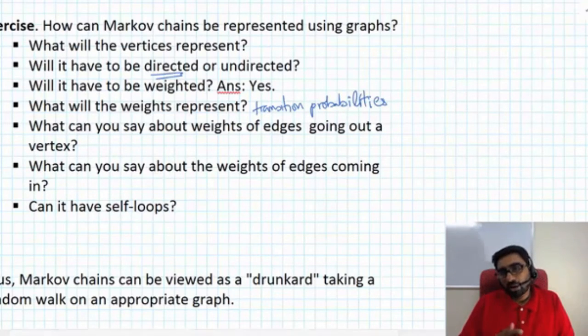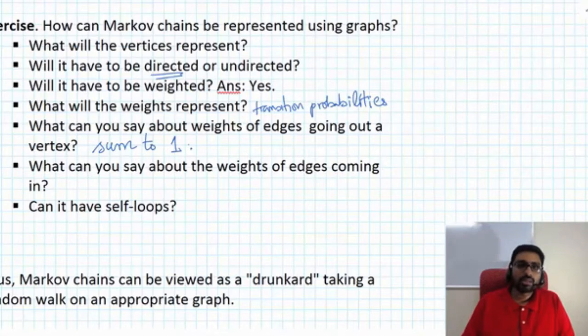And what can you say about the weights of edges going out of a vertex? Well, notice that these are probabilities, so they will have to sum to 1. On a similar vein, what can we say about the weights of edges that are entering into a vertex? Will they also add up to 1?